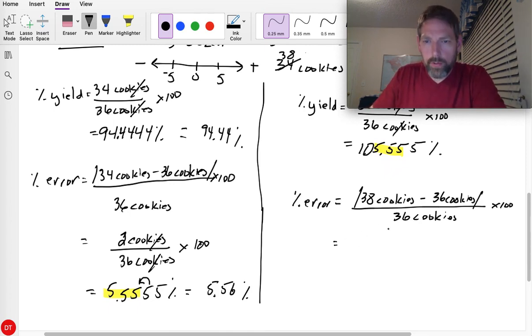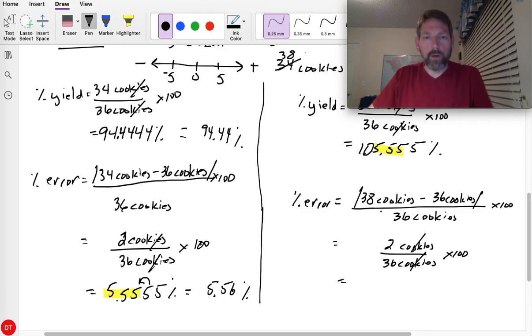All right, you should see that that is 2 cookies over 36 cookies times 100. Cookies are gone. So 2 cookies over 36 cookies, it's the same there. You should see we get 5.555. It's the exact same thing.